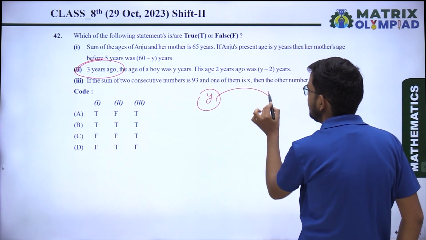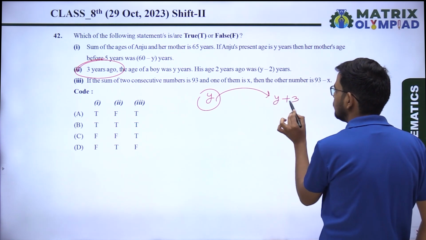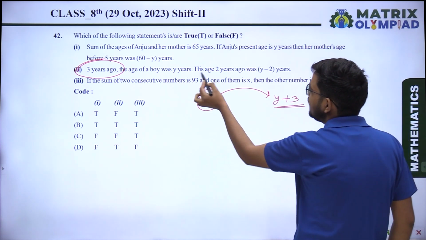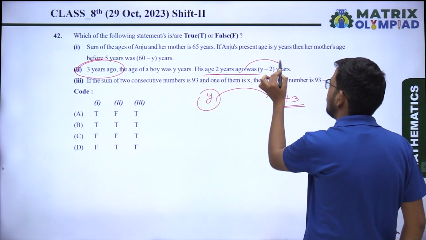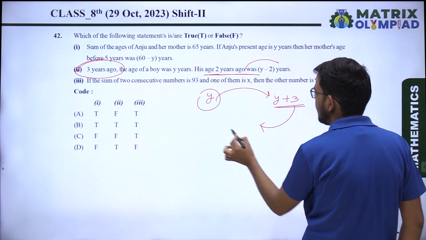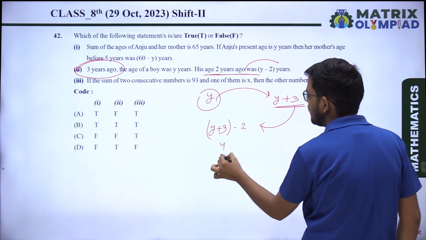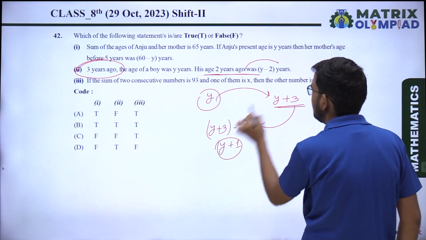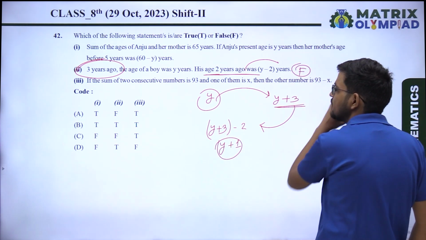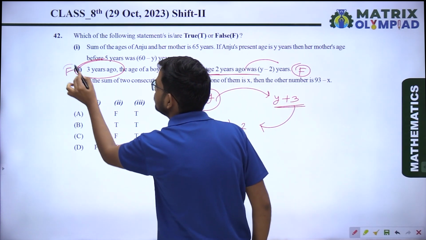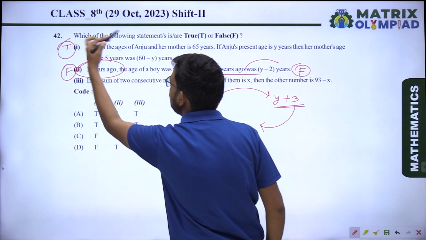So what is the present age? y plus 3. Yes or no? His age 2 years ago was y minus 2? So 2 years ago the age will be y plus 3 minus 2, that is y plus 1. It means this one is also false. Second one is false. First one is true.